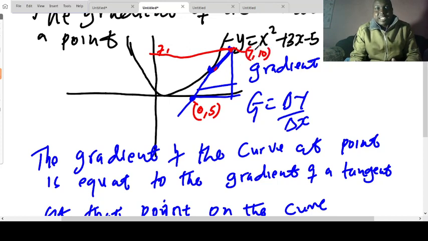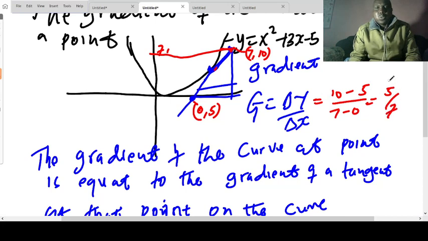So I will get the gradient of this line, which is equal to change in y, which is 10 minus 5 over 7 minus 0. And the answer is 5 over 7. So 5 over 7 is going to be the gradient of this line.